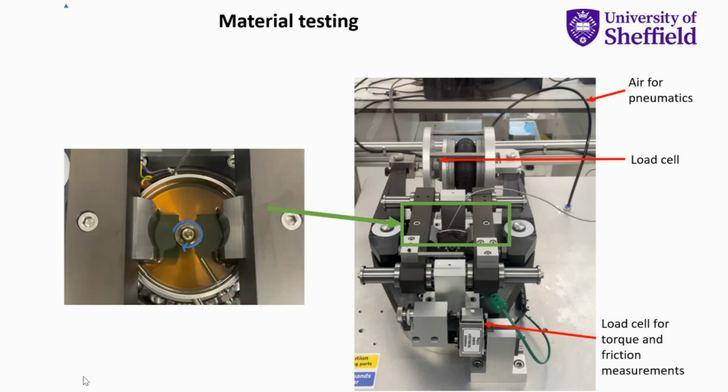I have my 2 PEEK specimens, which are conformal blocks, and they go around a steel disc, and then the steel disc spins, and I can conduct the material wear test using this. And into this machine I can input the loading data and the start-stop data I've just shown, to try and test this PEEK material as if it were in a tilting pad journal bearing.